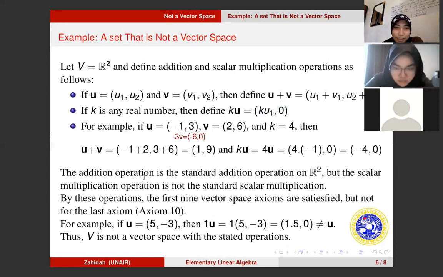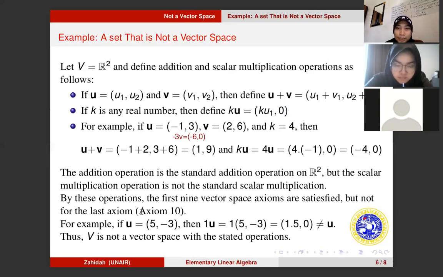Okay, like I said before, this addition operation is the standard addition operation on 2-space, but the scalar multiplication is not the standard scalar multiplication. By this operation, the first 9 vector space axioms are satisfied, but not the last axiom.